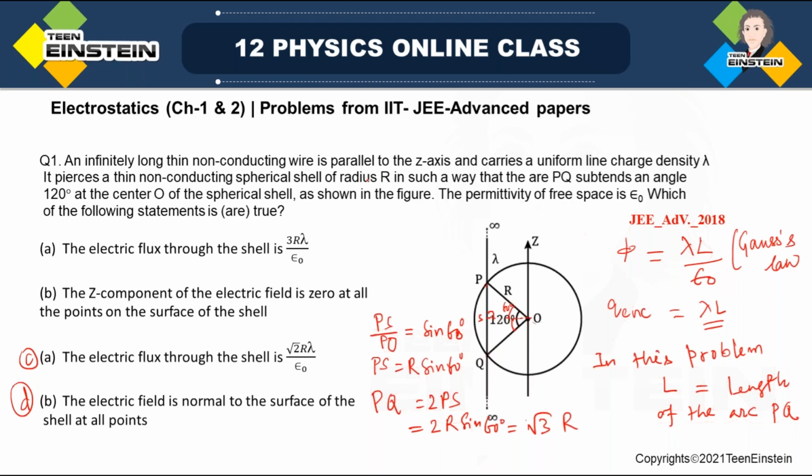Yes, this option is actually with root 3, root 3 R lambda by epsilon naught. This is the correct option.